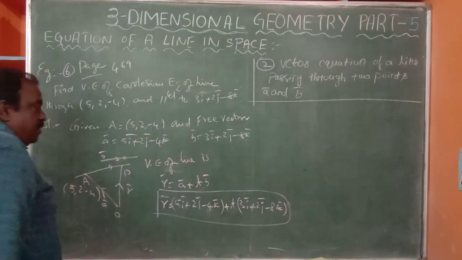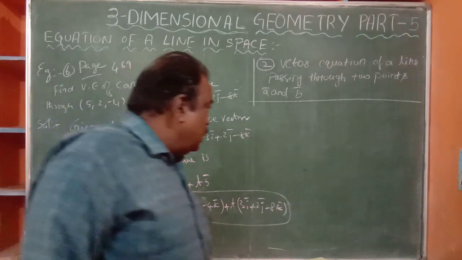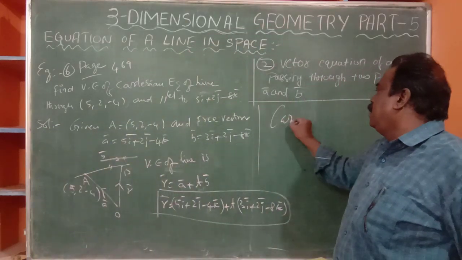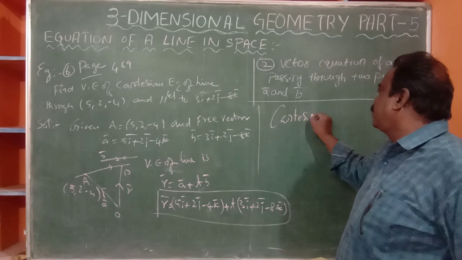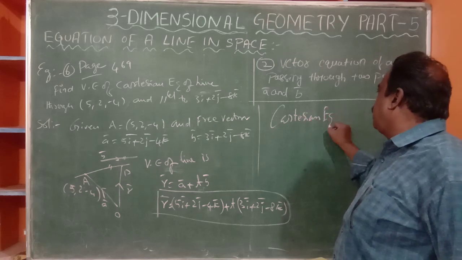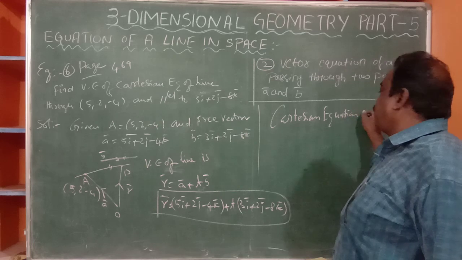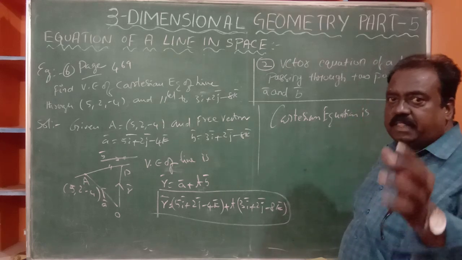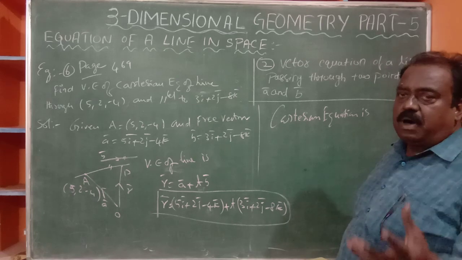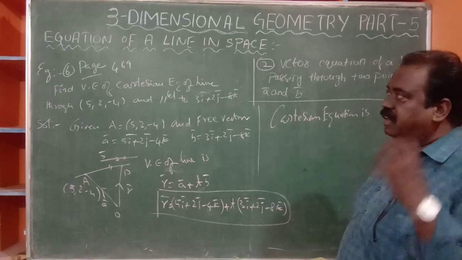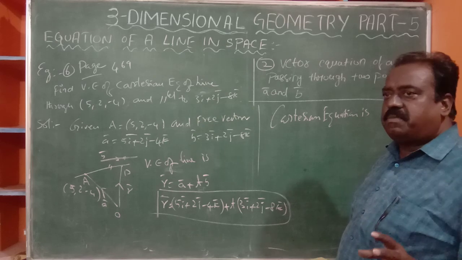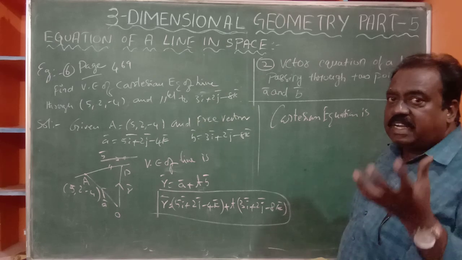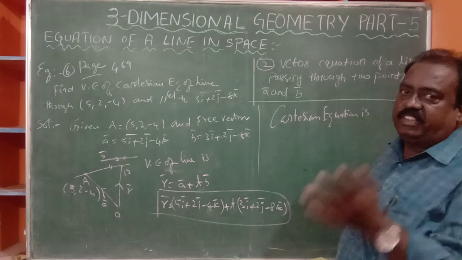It is the vector equation of the required line. Now the Cartesian equation of the same line. Descartes is the mathematician who formed all the geometry, whether two-dimensional or three-dimensional, based on the coordinates x, y, and in three dimensions x, y, z.